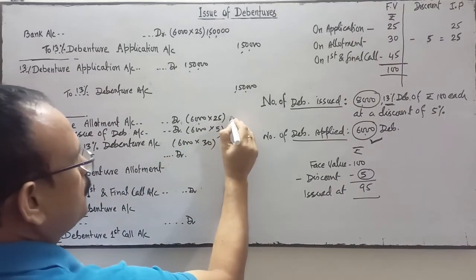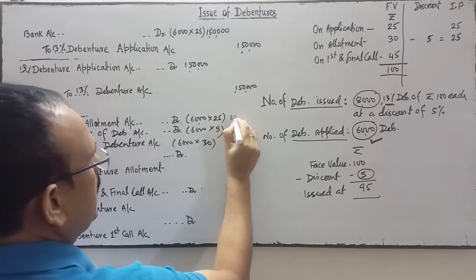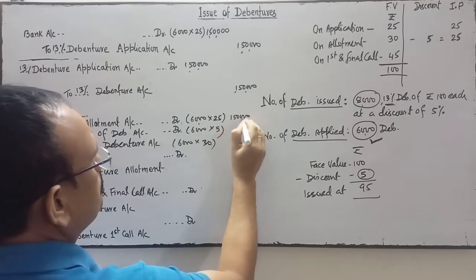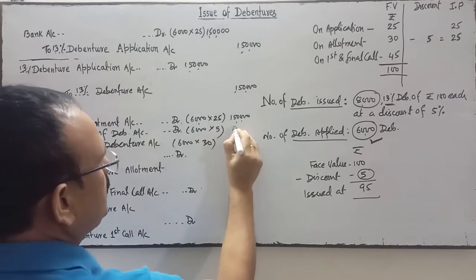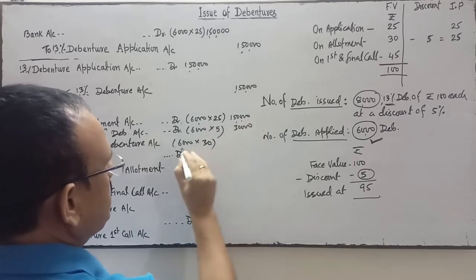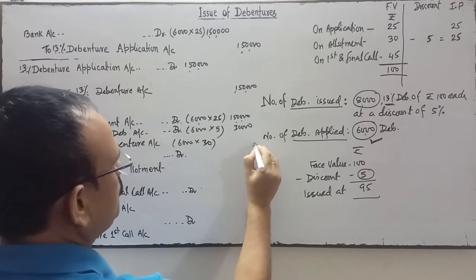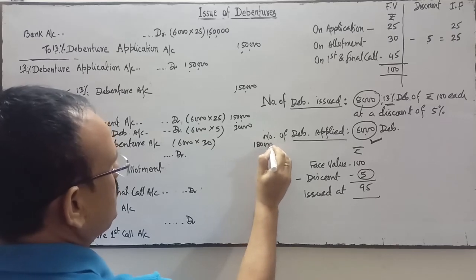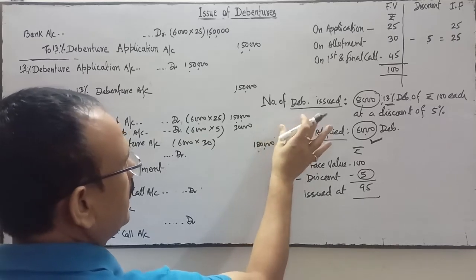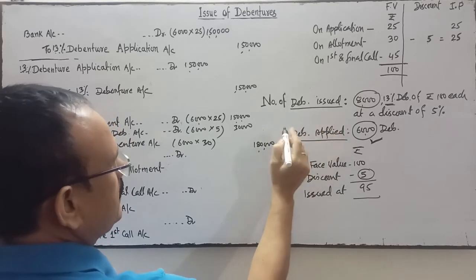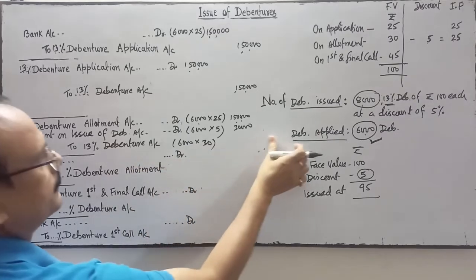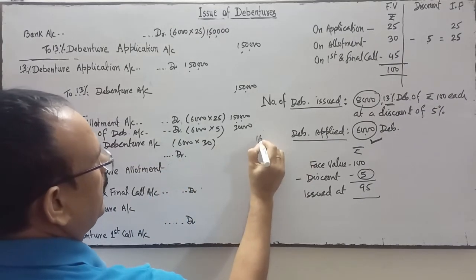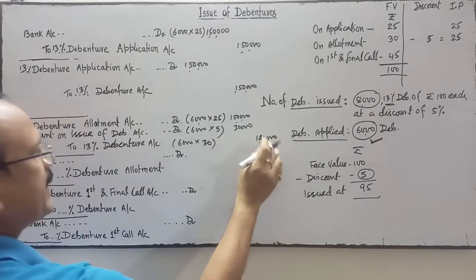So 6,000 into 25 is 1,50,000. 6,000 into 5 is 30,000, and 6,000 into 30 is 1,80,000. Is it clear? This is 1,80,000.